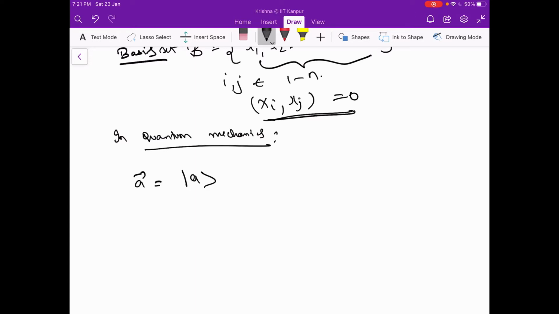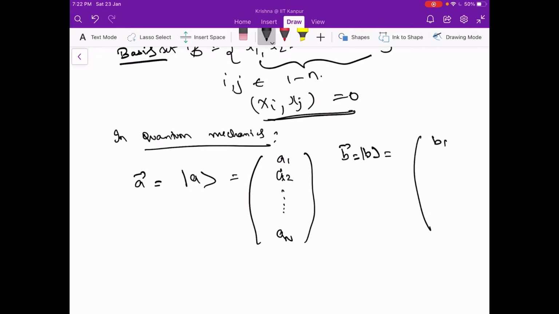So we write a ket like this, which is once again a set of numbers: a1, a2, so on till an, depending upon the dimension of this system, right? And similarly, let's say we have another vector b written in this particular fashion: b1, b2, so on till bn.